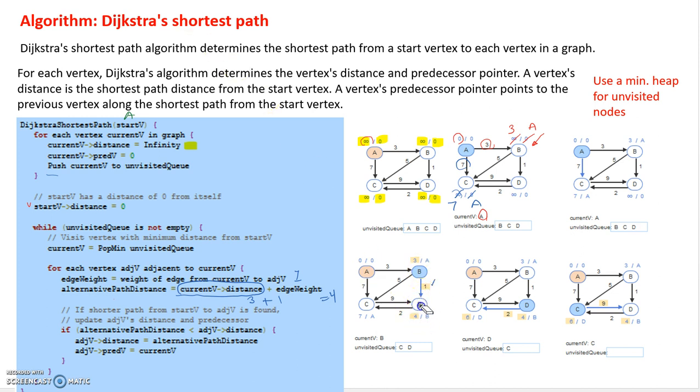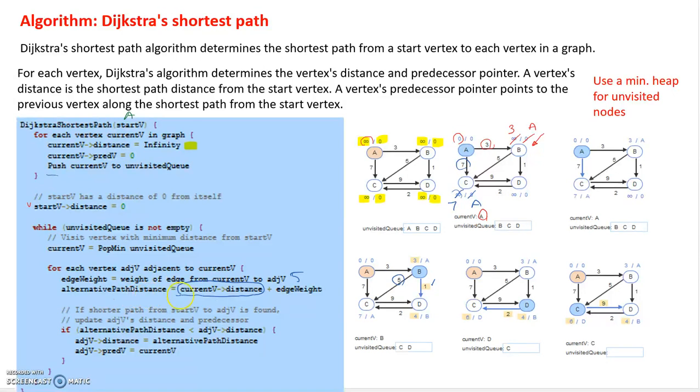Now, what about the other adjacent node to B? The other node is C. So let me clean this up as well, and take a look at node C and see whether this is updated. For node C, the edge weight is 5, as you can see there.